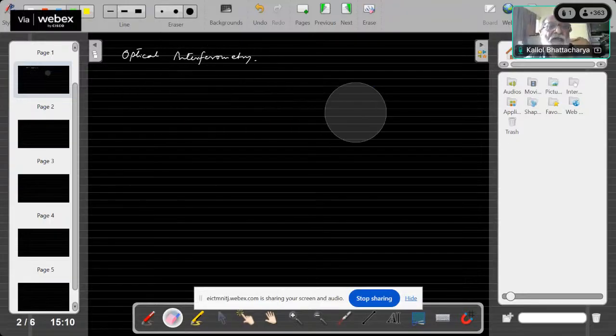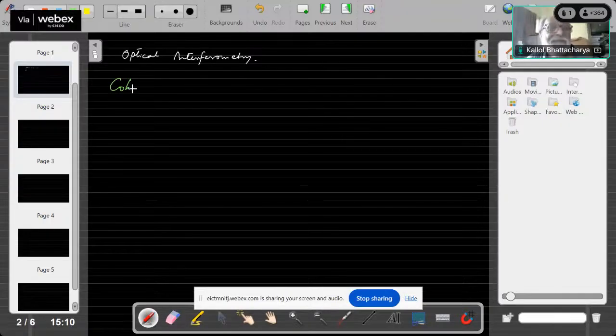The first condition for interference is coherence. Now, what is coherence? Well, when we say two wave fronts or two waves are perfectly coherent with each other, we mean that they have a phase correlation between them.